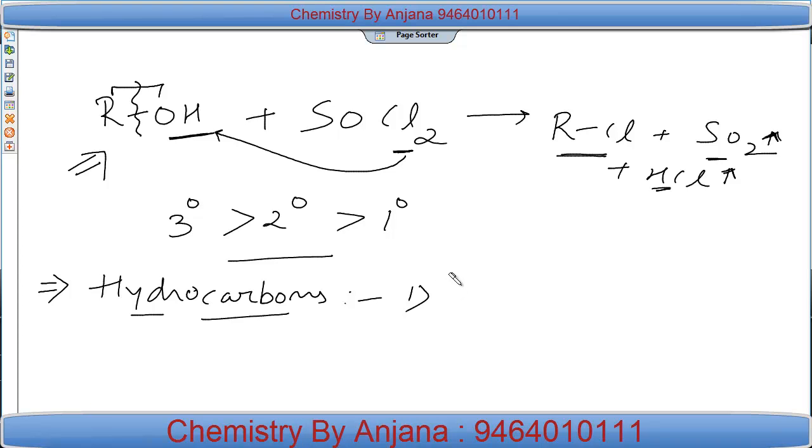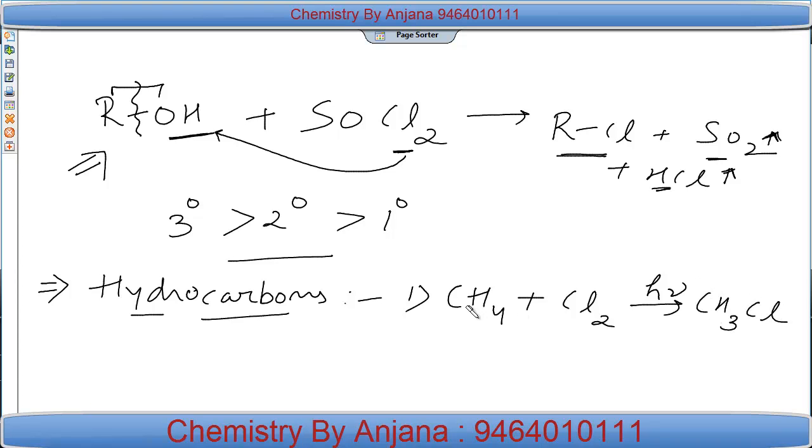Suppose we have the simplest alkane, that is methane. If I react this methane with a halogen in presence of light, maybe sunlight or ultraviolet light, hν, where hν is an indication of use of light. So methane reacts with chlorine in presence of light, and the result is methyl chloride.